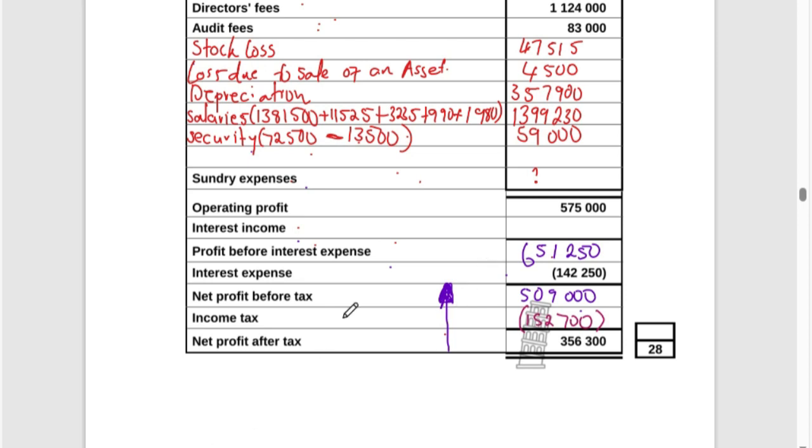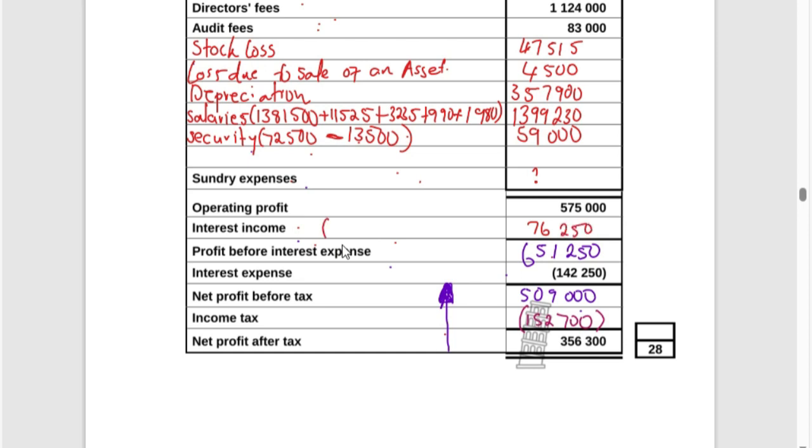In this way, what is positive must be negative. Our profit before interest expense is 651,250 minus 575,000, and we find that our interest income is 76,250.